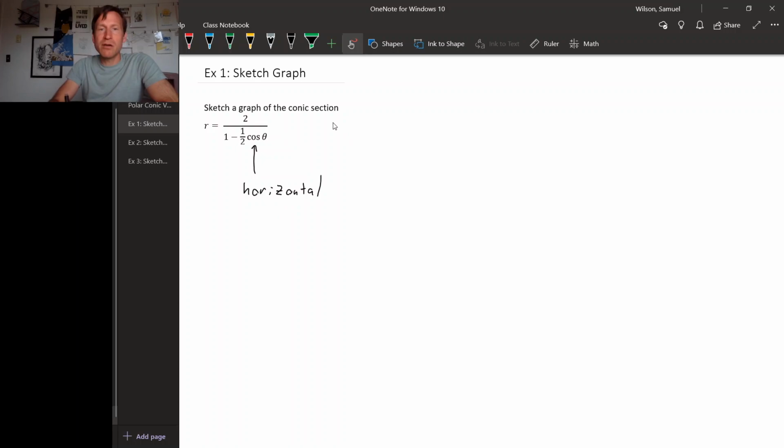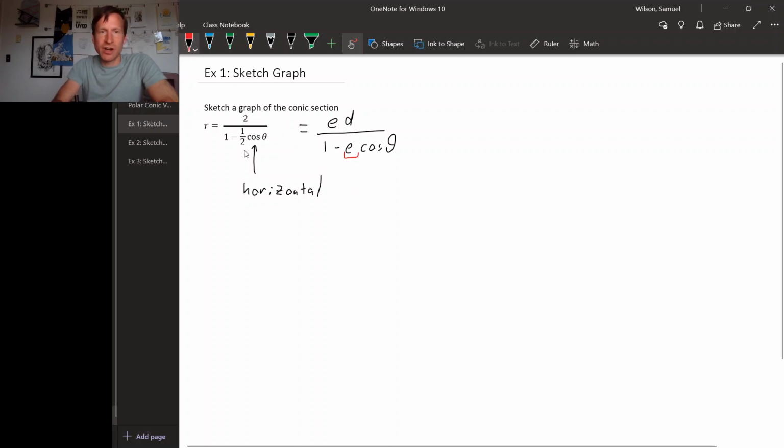Okay, and comparing to the general equation for a conic section, E times D over 1 plus or minus E times cosine theta or sine theta, but for this one it's cosine. Notice that the E, the eccentricity of our conic section, shows up right here next to cosine.